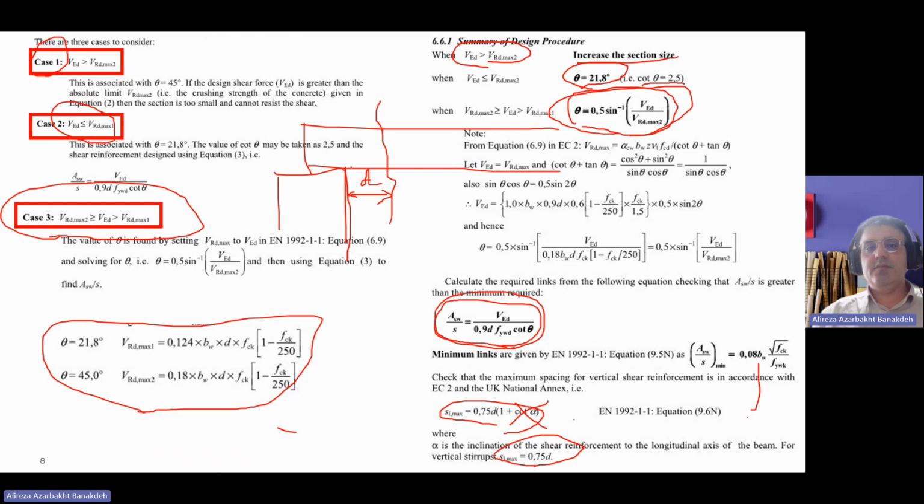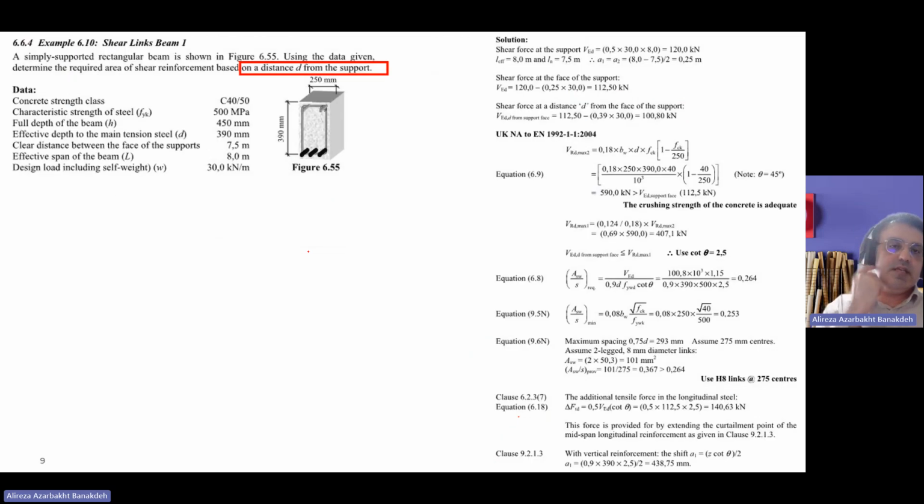This is the face of the support. If you design for this section, the shear force is more than at this section, but you're getting some discount. The critical section for the shear design is here at a distance d from the face of the support. So we'll see this in one of the examples here.